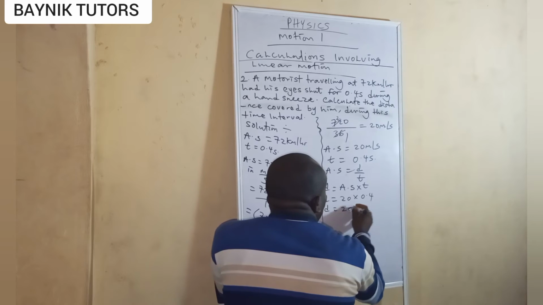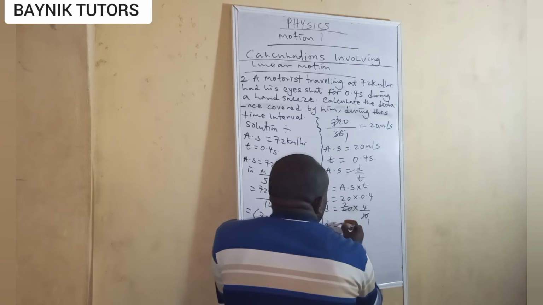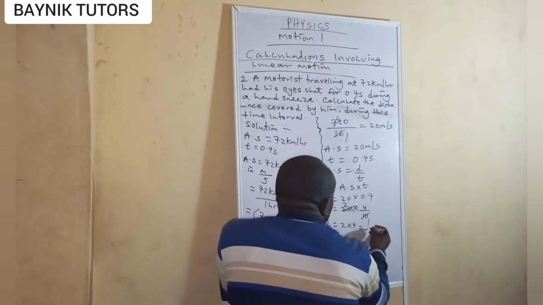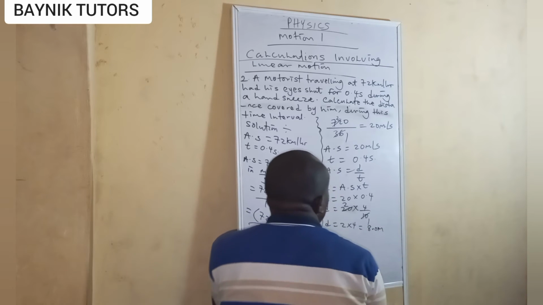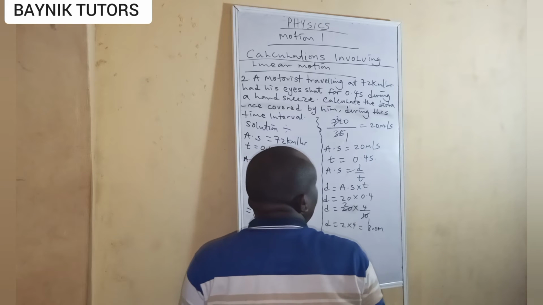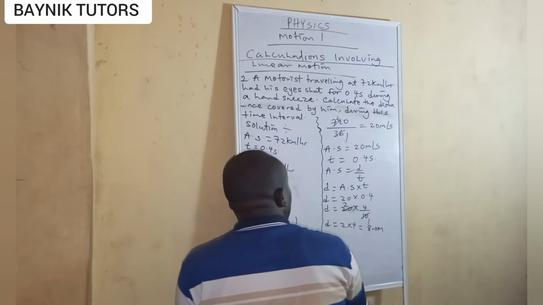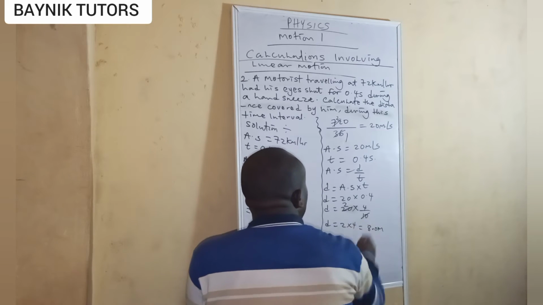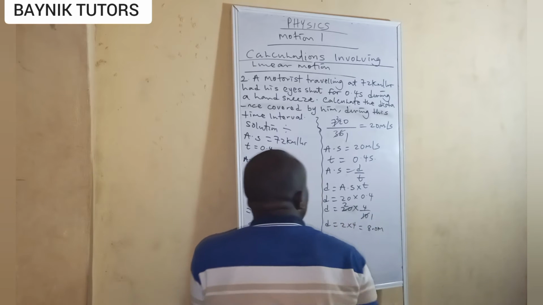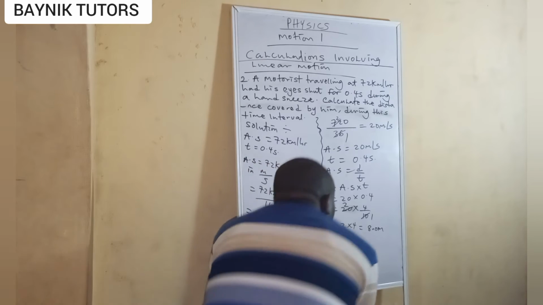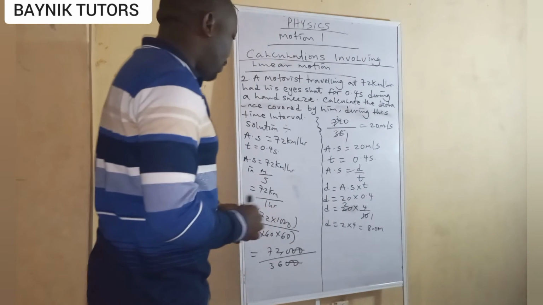So 10 here 1, 10 here 2. So D is 2 times 4, which is equal to 8.0 meter. That's the illustration we have there.